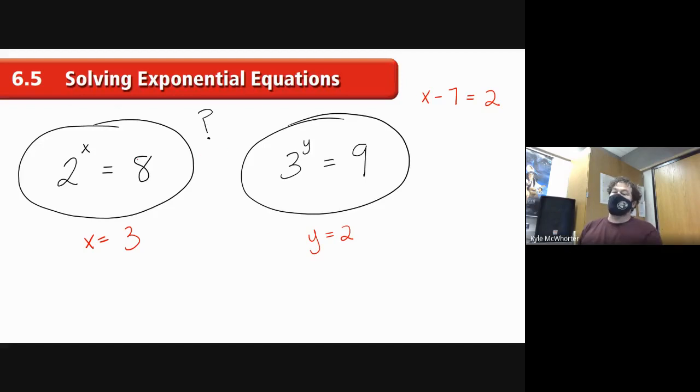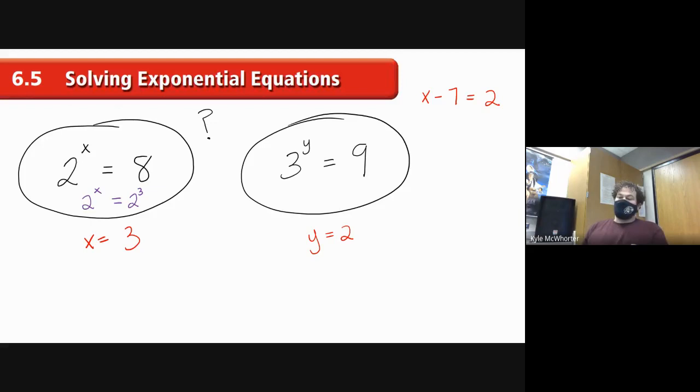But we can also turn this into an algebraic process. Behind the scenes, we can write out what's happening by saying 8 is the same as 2 to the third power, so we can rewrite 8 as a power of 2.